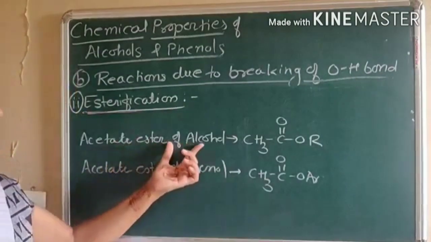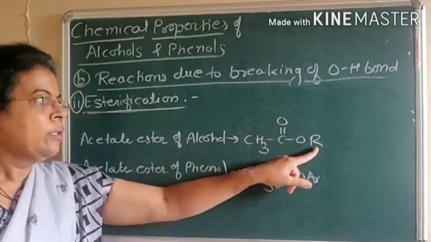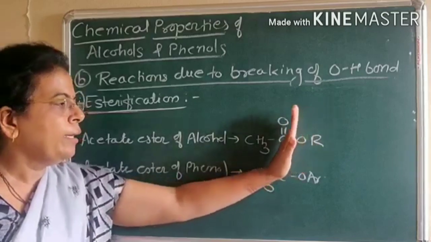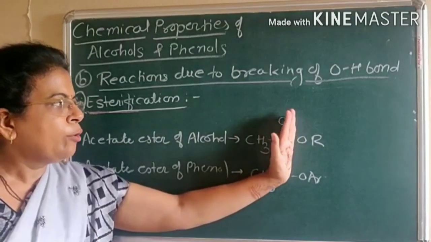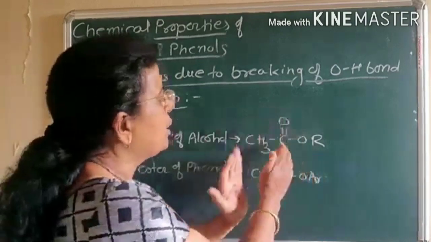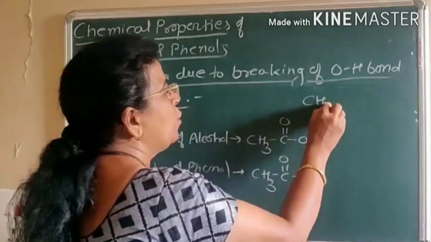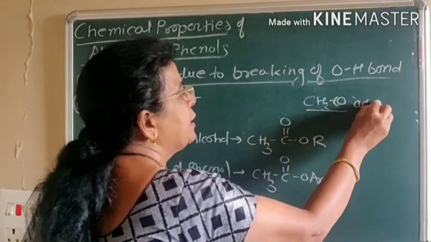The acetate ester of alcohol is CH3 C double bond O R, in which this is the alcohol part and this is the carboxylic acid or acetic acid part. Here the hydrogen atom from this alcohol is replaced by the COCH3 group. This CH3CO group is known as the acetate or acetyl group.